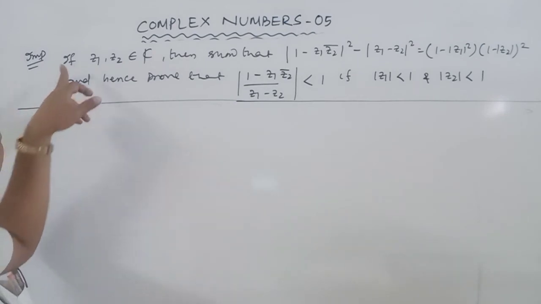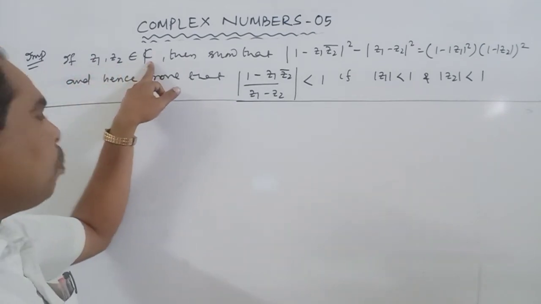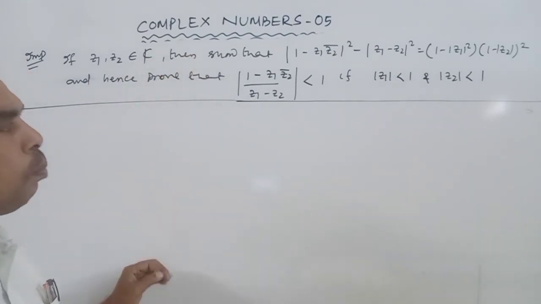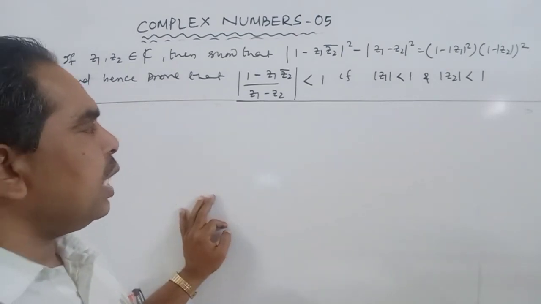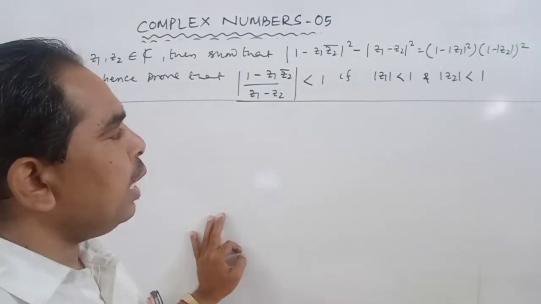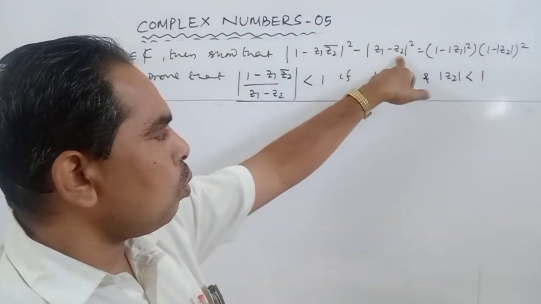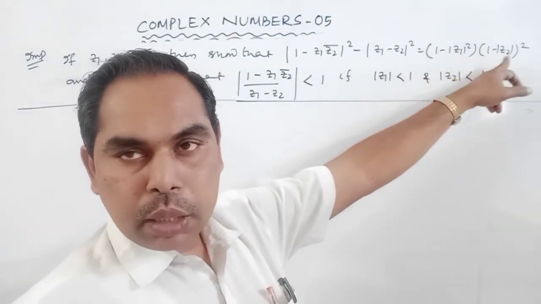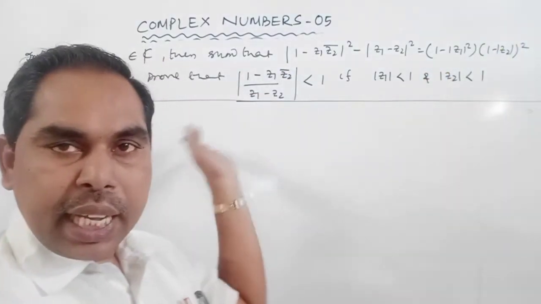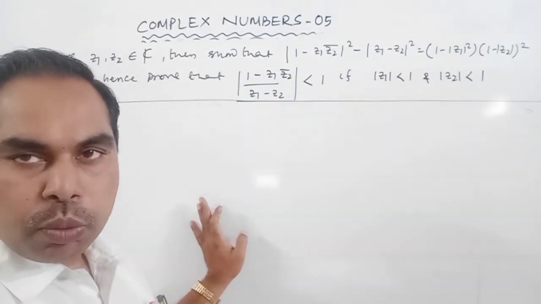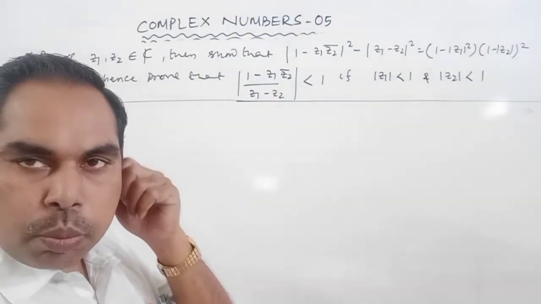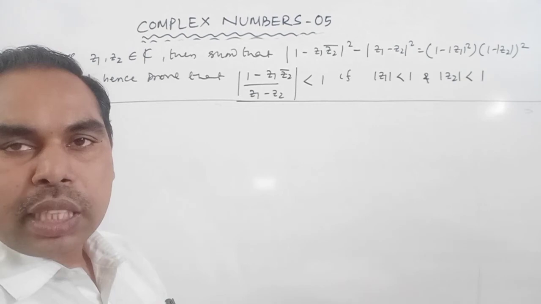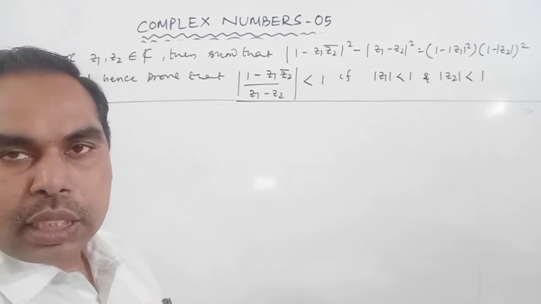Very important. If z1, z2 belong to the set of complex numbers C, then show that mod of (1 minus z1 z2 bar) square minus mod of (z1 minus z2) square is equal to (1 minus mod z1 square) into (1 minus mod z2 square), and hence prove that mod of (1 minus z1 z2 bar) divided by (z1 minus z2) is less than 1 if mod z1 is less than 1 and mod z2 is less than 1.